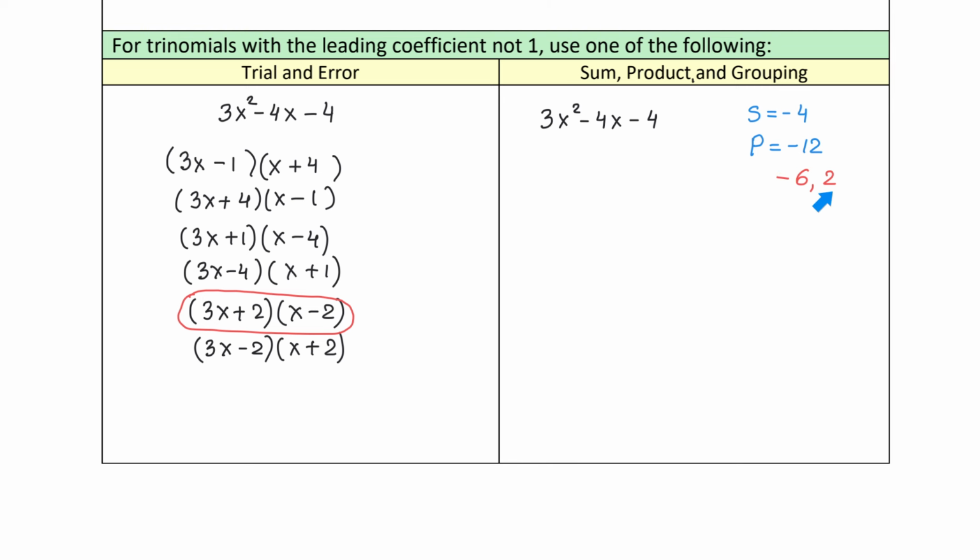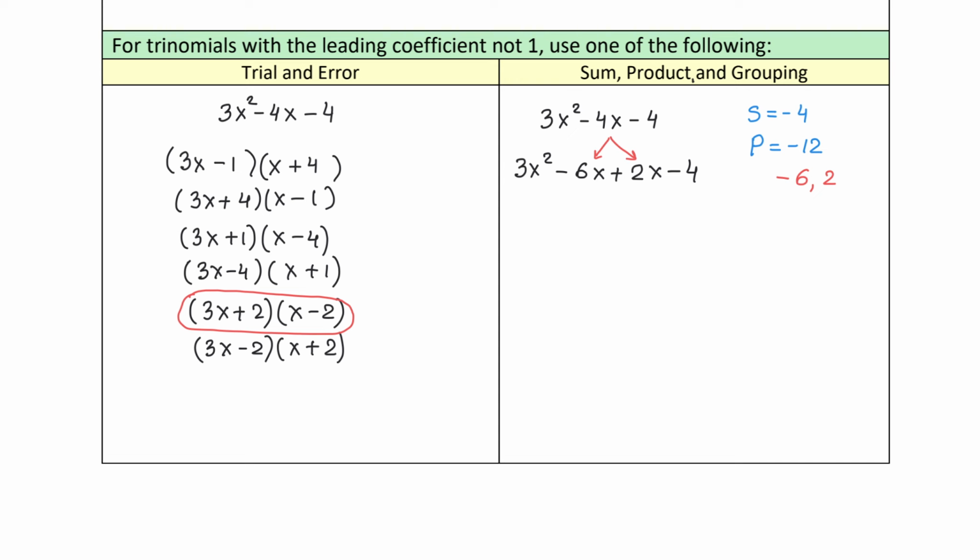Next, we will use these two numbers to split the middle term into a sum. So first, I will bring down 3x squared, and in place of minus 4x, using those two numbers, I will write minus 6x plus 2x, and then I will bring down minus 4. So I just split negative 4x into negative 6x and 2x.